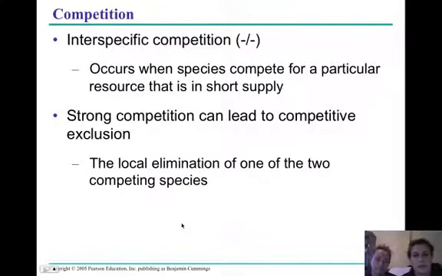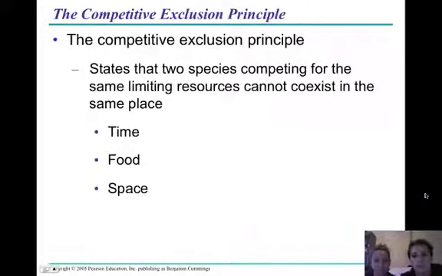Okay, here we are with competition. Remember, both species are going to be harmed by this because they're competing for the same resources. So this occurs when species compete for a particular resource that is in short supply. Strong competition can lead to competitive exclusion, which means the local elimination of one of the two competing species. So one would eventually die off due to lack of resources.